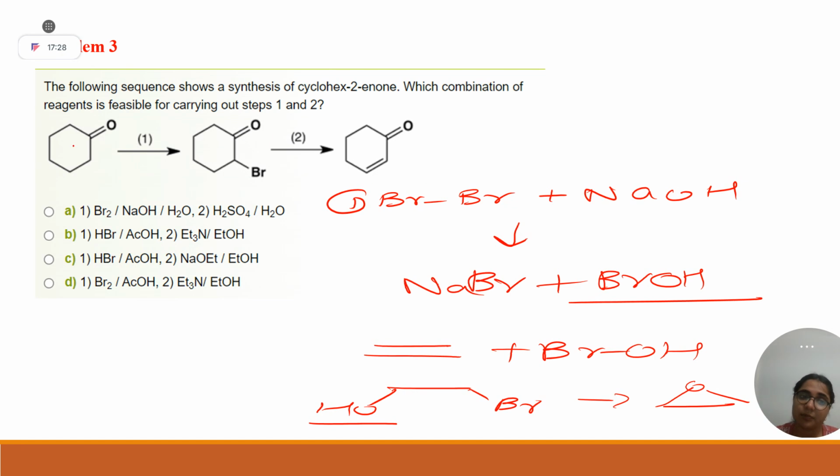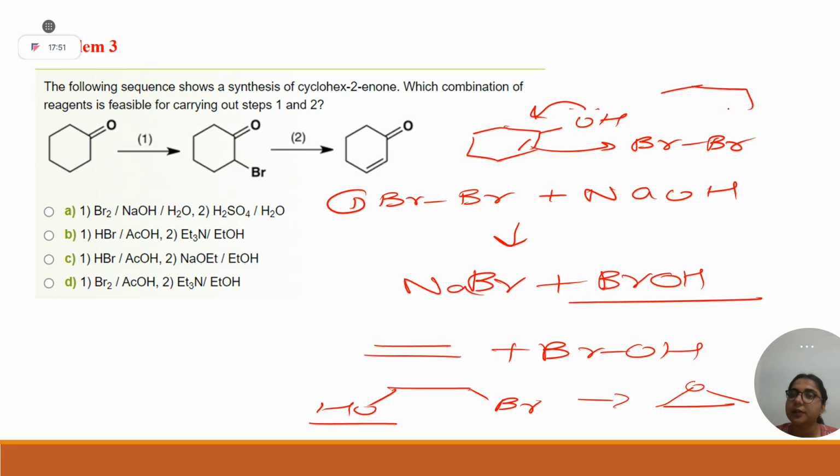But here it can't be possible, right? So here we need acidic condition. In acidic condition, what will happen? It will form enol, not enolate, it will form enol. Then in acidic condition, the oxygen lone pair will come back and attack Br2 and you will get the alpha brominated product.